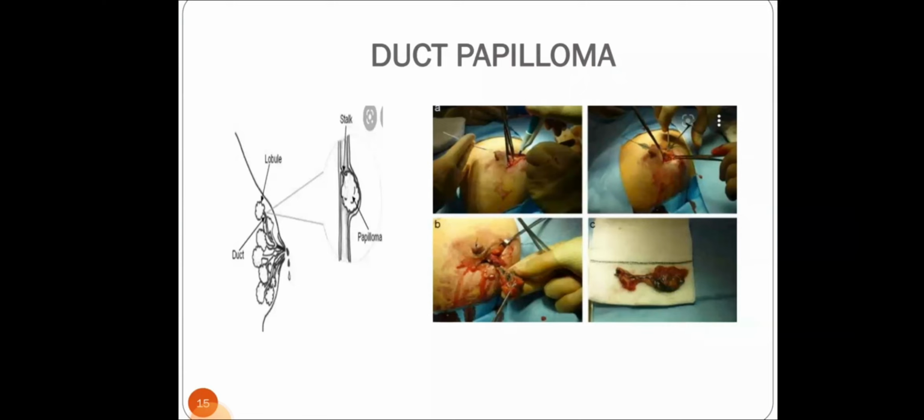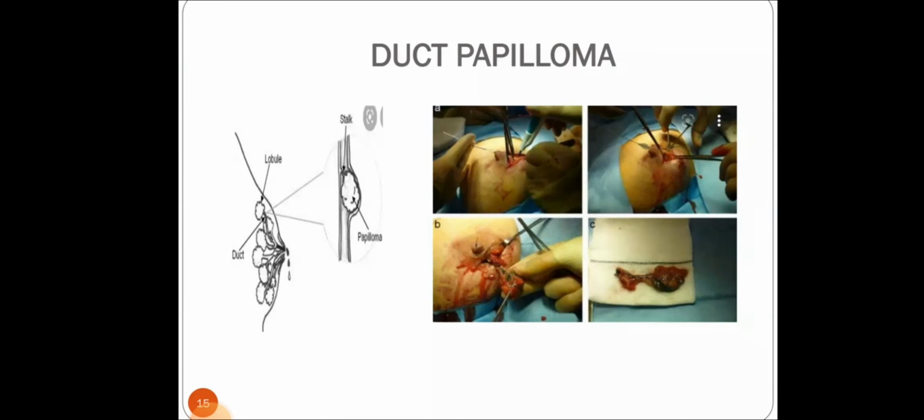Clinical features: mainly middle-aged women are more affected, and bloody discharge will be present from the nipple. Just beneath the areola, it will appear like a small swelling. And when we palpate the area just beneath the areola, there will be discharge of blood. Those are the main features present.